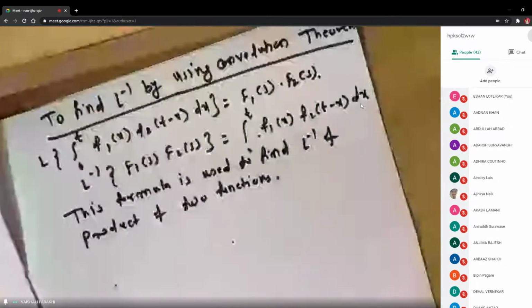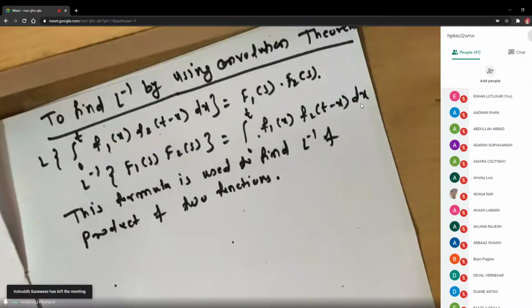Okay. Now what I'll do is I'll give you the working rule, but at the same time I will take help of one problem. And side by side we'll do both the things simultaneously. Okay. So we'll take this problem.